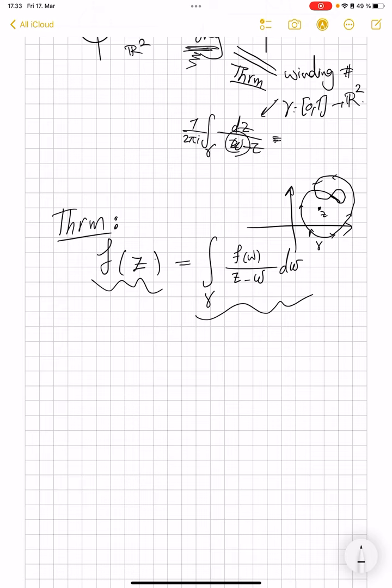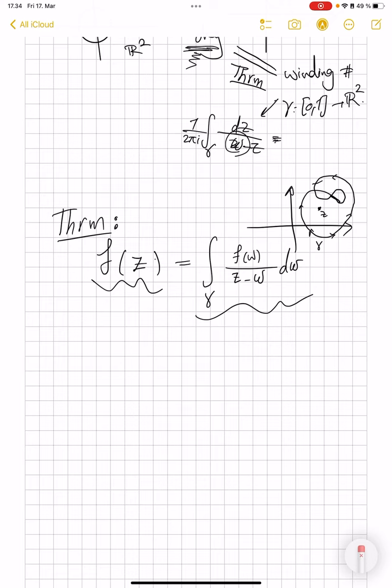How could values far away from z, arbitrarily far away, you can take this loop a million miles away from z, and still the result is true. How on earth could that be true? Once you ask yourself that question, once you do that BS check, and then you check the proof, then you realize it is true, and then you realize how deep and how strong this result is.